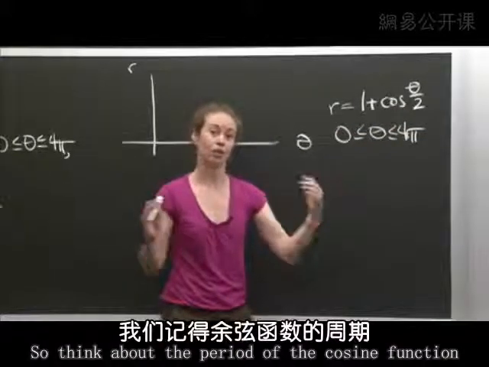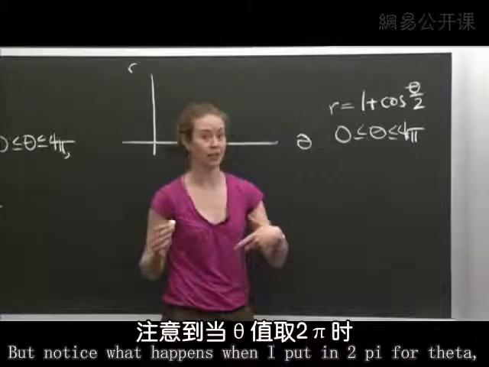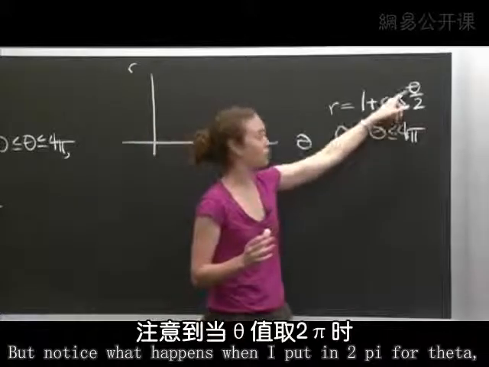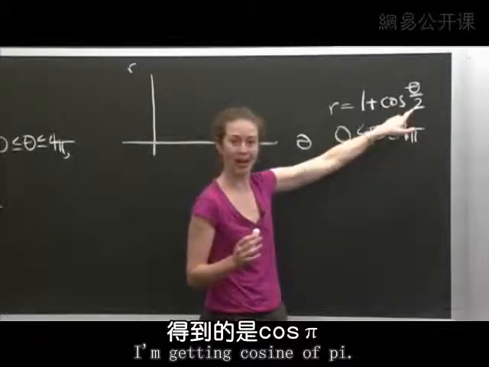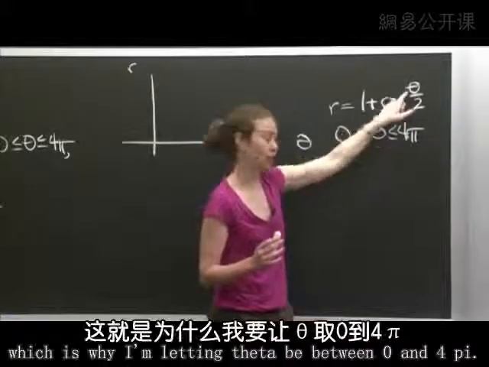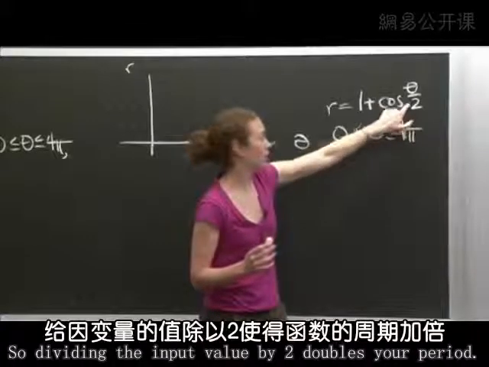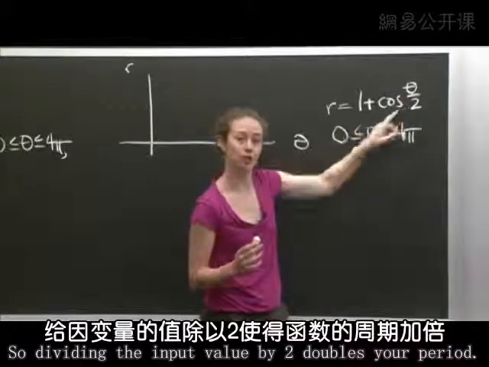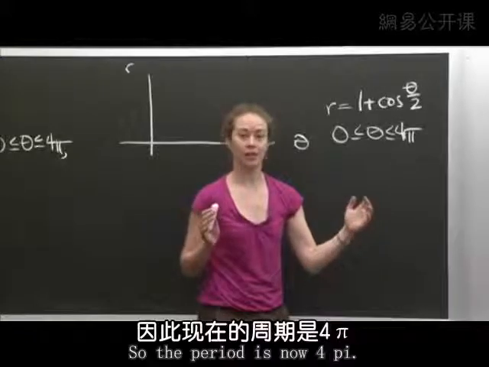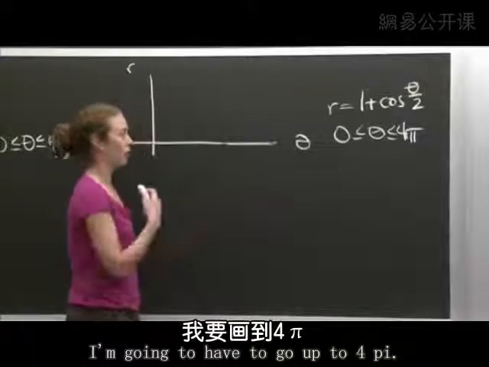The period of the cosine function is usually 2 pi, but notice when I put in 2 pi for theta, I'm getting cosine of pi. If I want to get cosine of 2 pi, I have to let theta go to 4 pi, which is why I'm letting theta be between 0 and 4 pi. So dividing the input value by 2 doubles your period. The period is now 4 pi. To get all the way through, I'm going to have to go up to 4 pi.